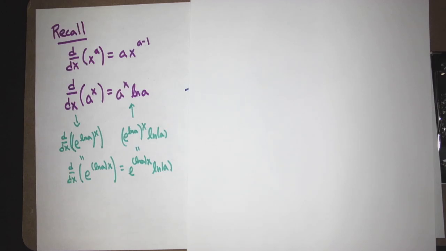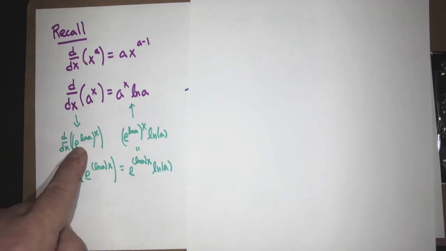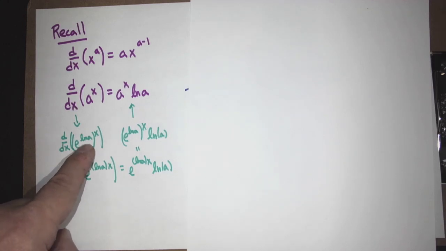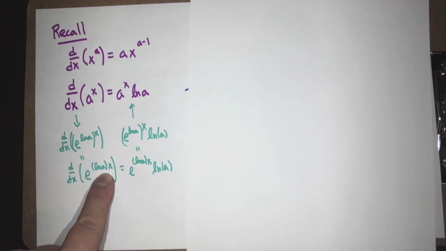But what about the derivative of a to the power x? Well, that turns out to be a to the power x log of a. And we can prove that with the chain rule. Because a to the x, you can replace a by e to the log a, because e to the log a equals a. That's one of the things we wrote down. Then if you have e to the log a to the x, that's e to the log a times x. So log of a is a number.